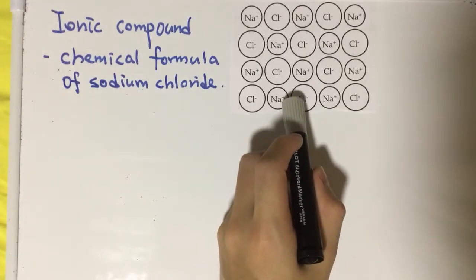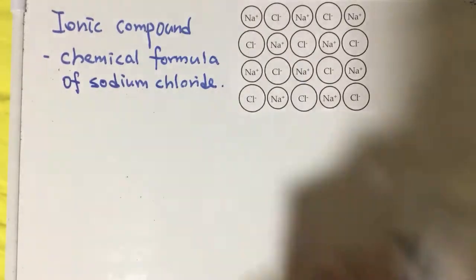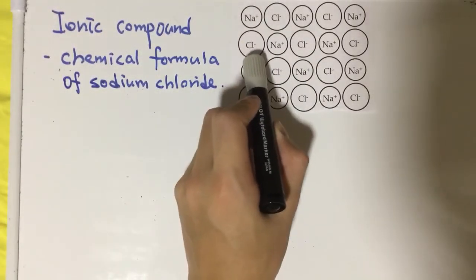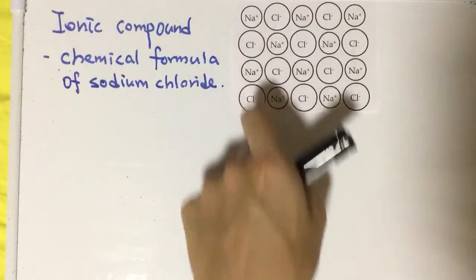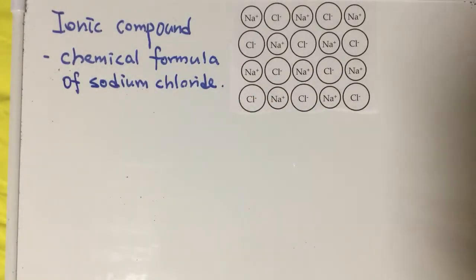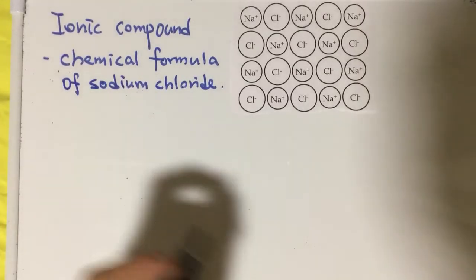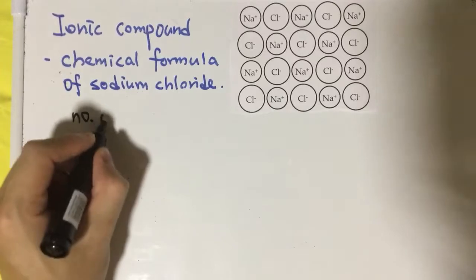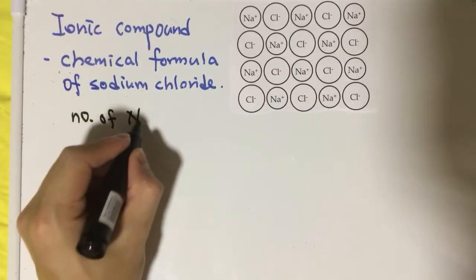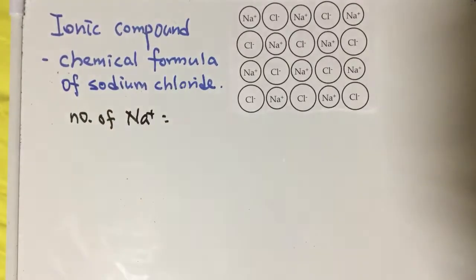Inside the sodium chloride, we have sodium ion and chloride ion. So let's count how many sodium ion and chloride ion in this structure. Count it, right. So number of sodium ion have how many?